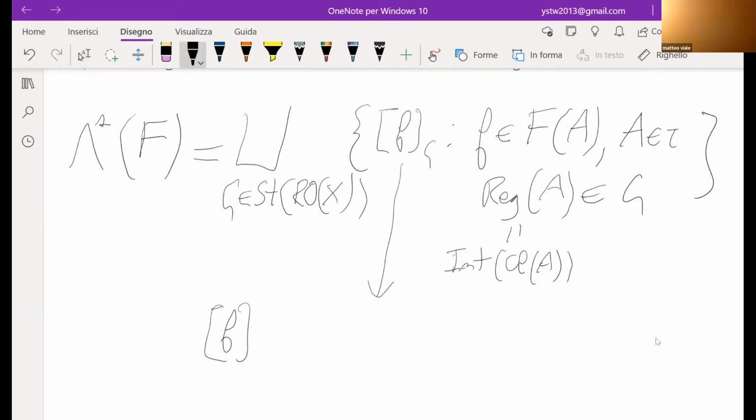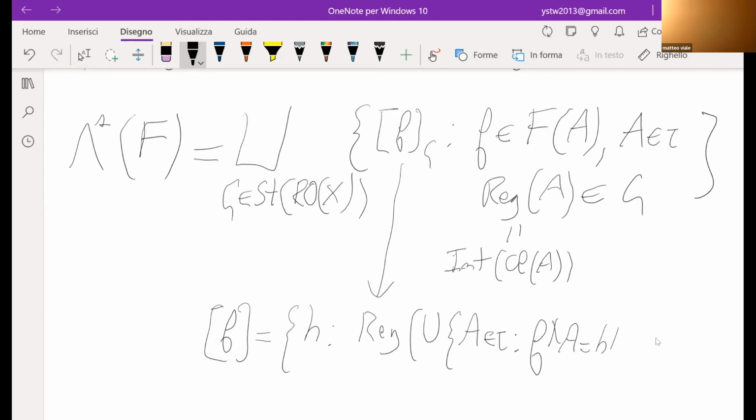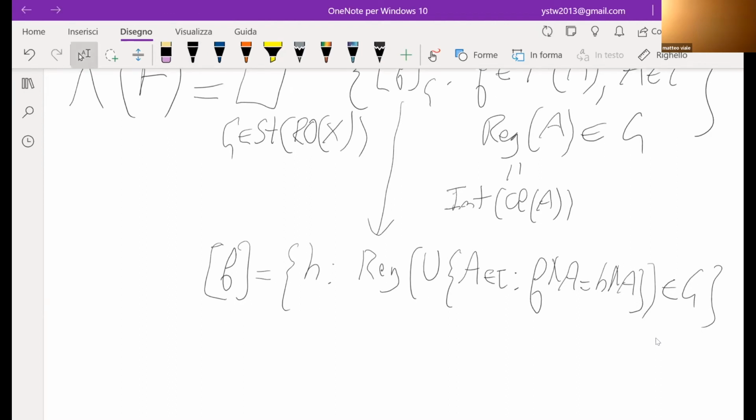Okay, so I have to define what this equivalence is. What it is, is a bit delicate because it matches the problem I had before. It's given by those H such that the regularization of the union of the set of A in tau such that F restricted to A is equal to H restricted to A belongs to G. So how do I check whether F and H are equal according to G?